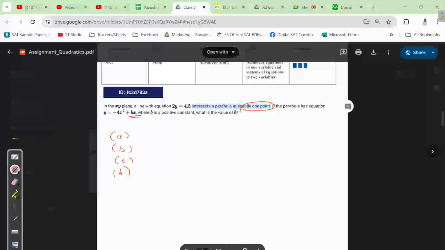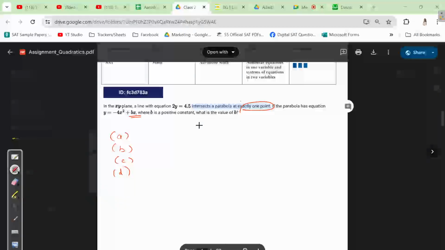Oh, yeah. So I would solve for y from 2y equals 4.5, and I would set it equal to each other, and I would cancel out the x's and basically bring b by itself.